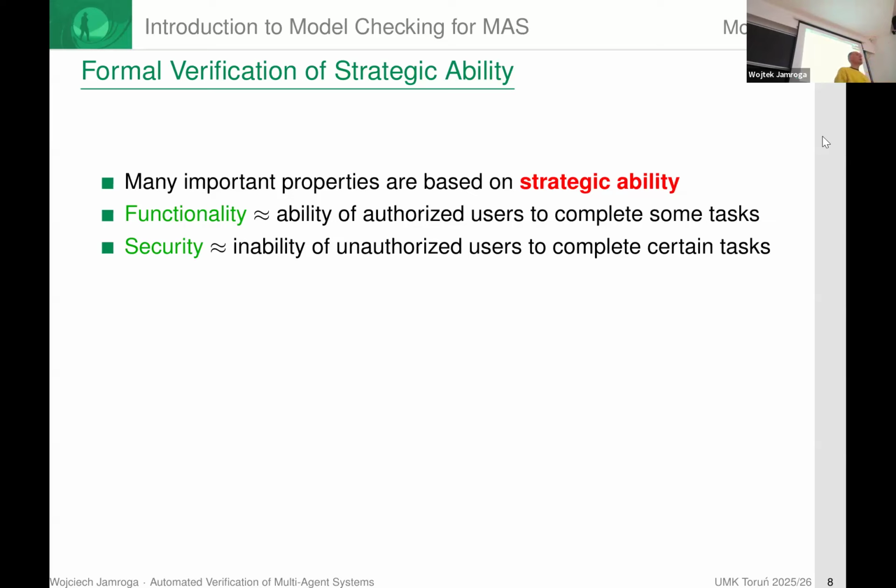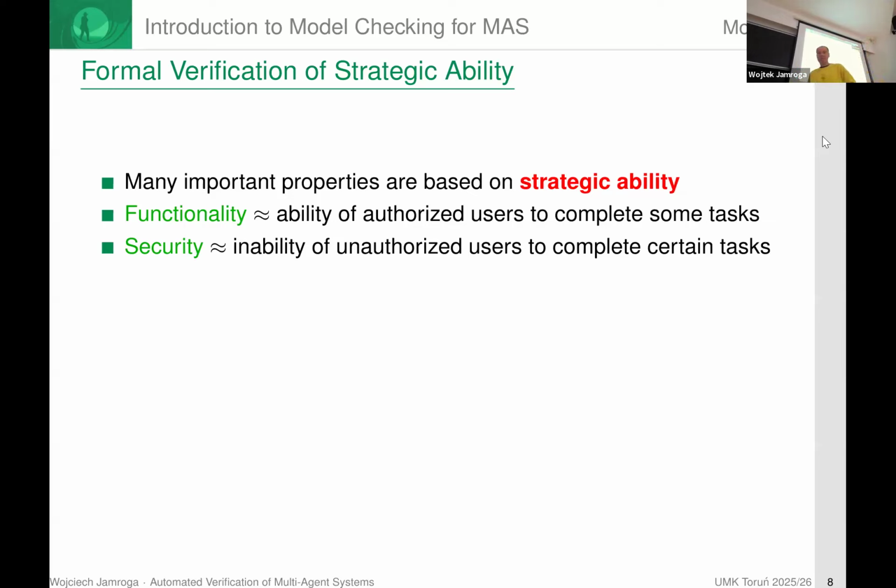Do the election officials have a recipe for behavior so that at the end the election is concluded and approved by the national electoral commission, and so on? Okay, so this is kind of a functionality requirement. We are asking, is this functionality available to this agent or a group of agents?